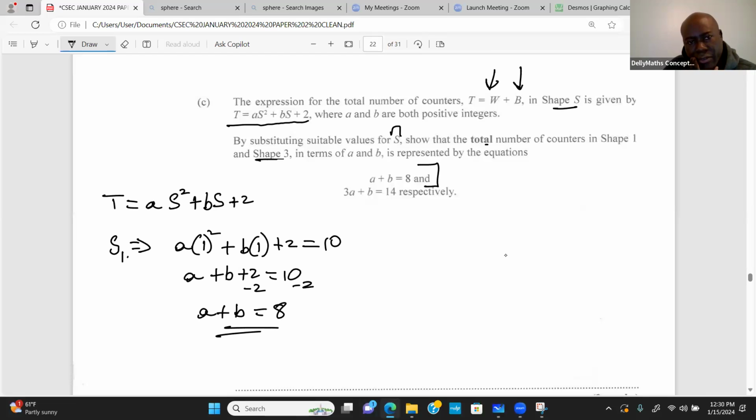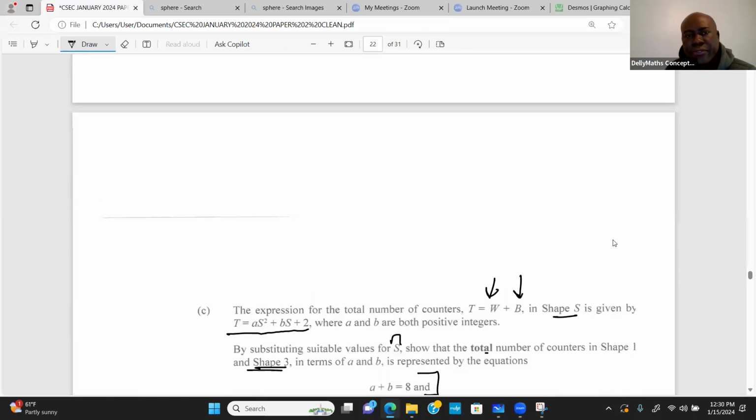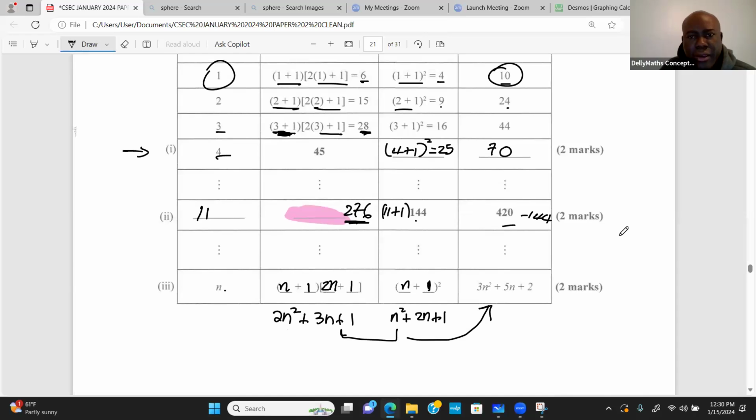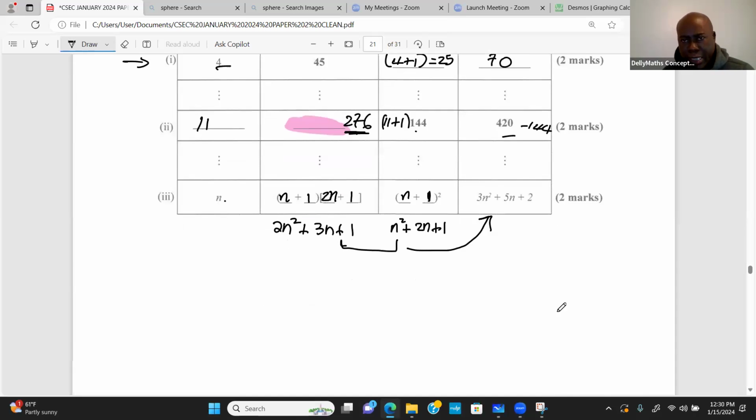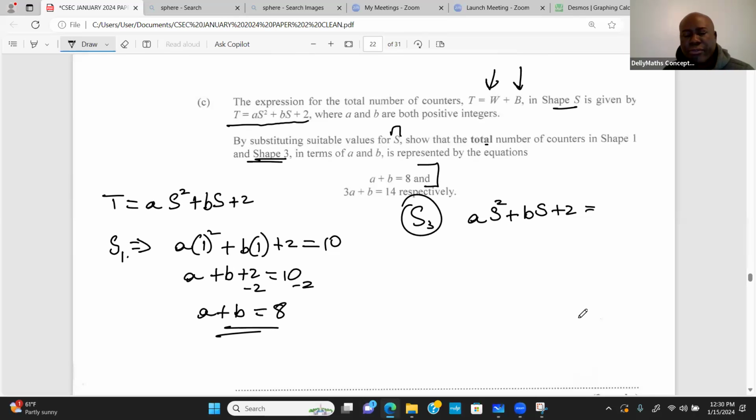That was the first shape. So now we're going to focus on shape 3. So in shape 3, we're saying that S is going to be 3 here. Now let's take the idea. The idea says here that A S squared plus B S plus 2 must equal the total. And we want to find what's the total for the third layer, right? The third layer, we're focusing on this. We're dealing with 44 right there. So this should equal 44.